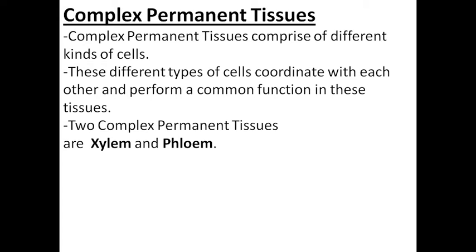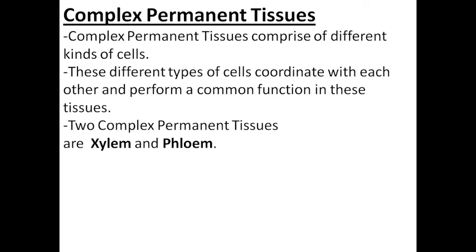So that transportation will be done by the xylem and phloem. Clear? So xylem and phloem are found together in structures which are called vascular bundles, which form the transport system in plants. So we can say that complex permanent tissues, that are xylem and phloem, are the plant's transport system. They are transporting the food, water and nutrients in the plant.